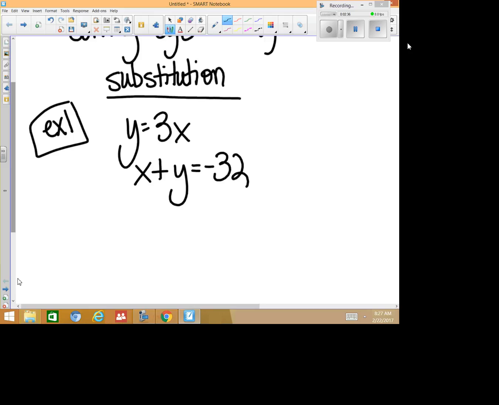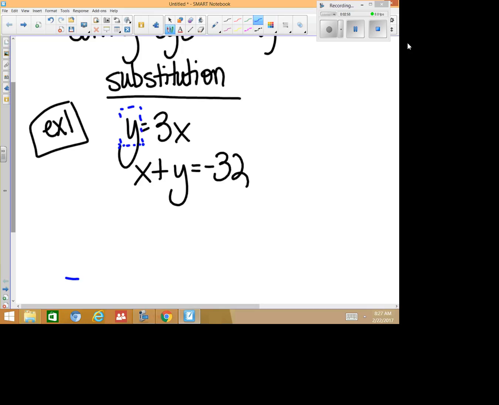Okay, so when you do elimination, you don't have to get y by itself. That's nice, right? But here, do you see how 1y equals 3x? You don't have to move x over.